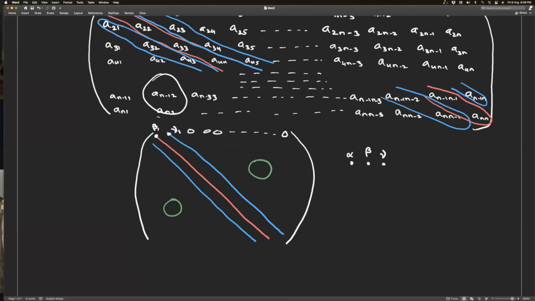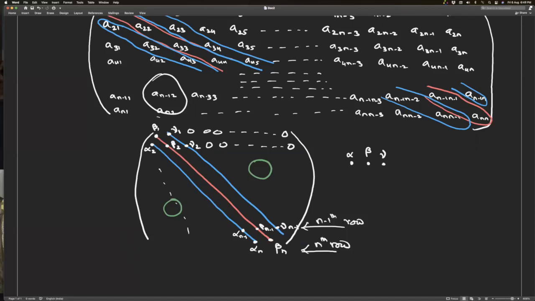That is the first row. The second row will be alpha 2, beta 2, gamma 2, and all others are zeros. Like that, it goes on, and you have alpha n minus 1, beta n minus 1, gamma n minus 1. That is the n minus 1th row. And you have alpha n and beta n, and that is the nth row.